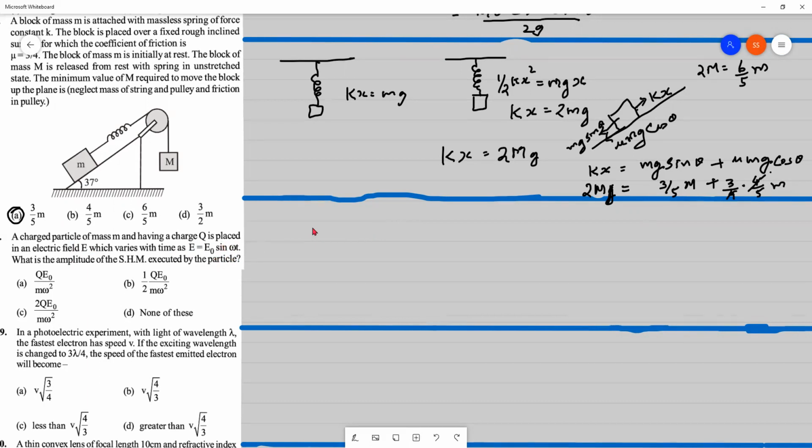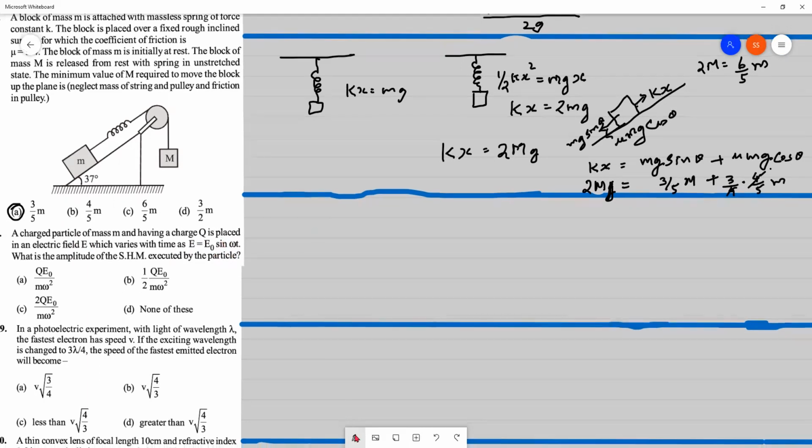So in that case, the restoring force acting on the charge will be F is equal to Q E naught sin omega t. Q E, E is E naught sin omega t. I can add a negative sign here because it's a restoring force. So acceleration will be equal to minus Q E naught by m.